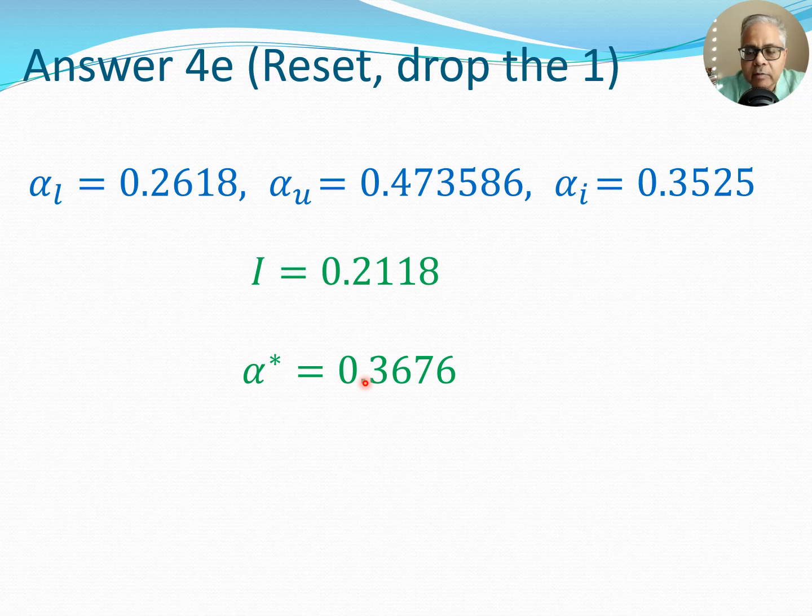Now all these numbers are going to be useful when we look at the Python code in the next problem. And when we do the Python programming, we can print out the various values, and we can see that these numbers will get printed out at least in the first round of the Python code run. So this is a way to check out the correctness of the implementation of the algorithm.